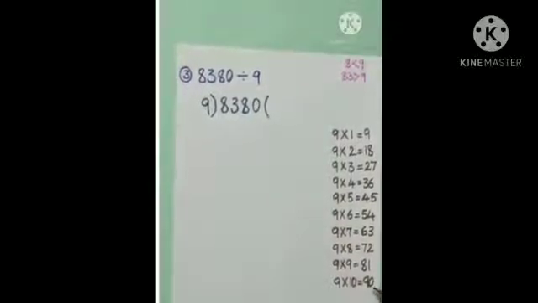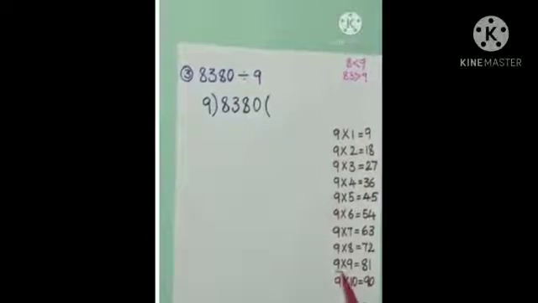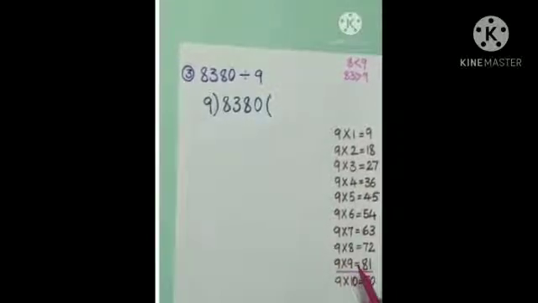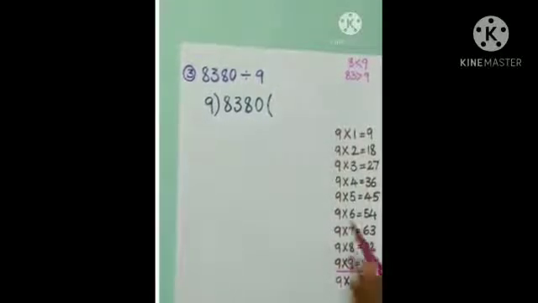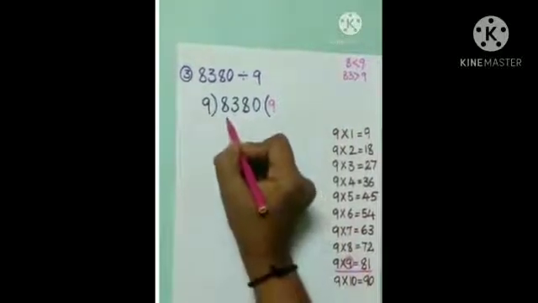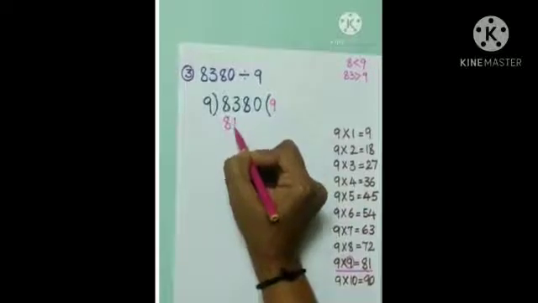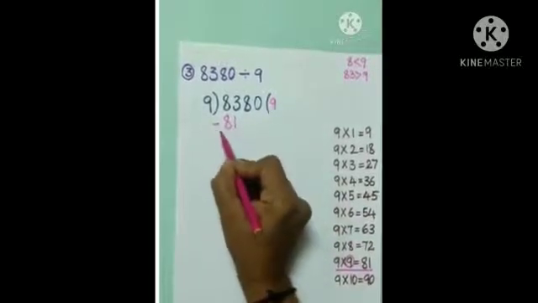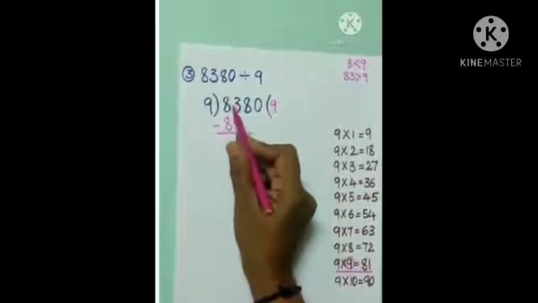Since 90 is greater than 83, we cannot take 9 tens are 90. We have to take 9 nines are 81. We write 9 in quotient and we write 81 under 83 and subtract 81 from 83.